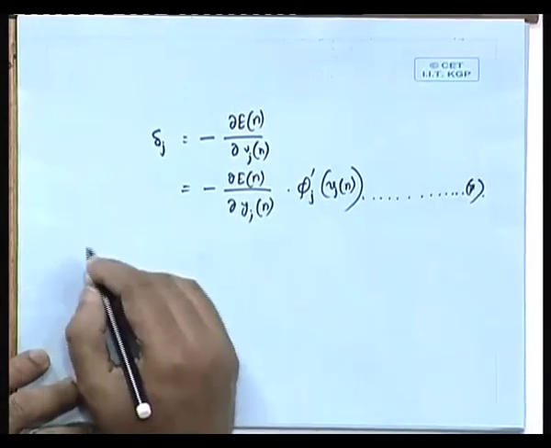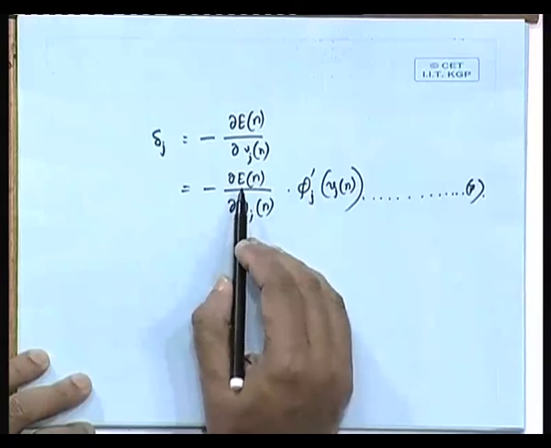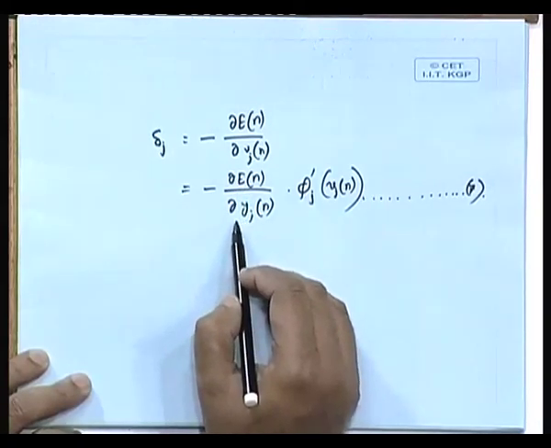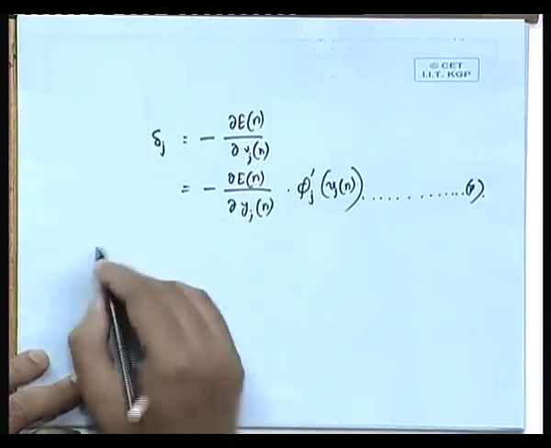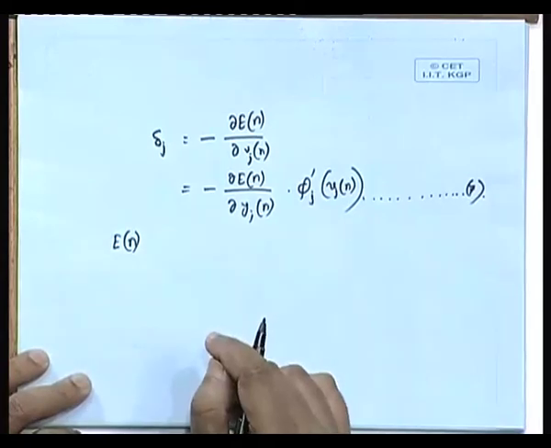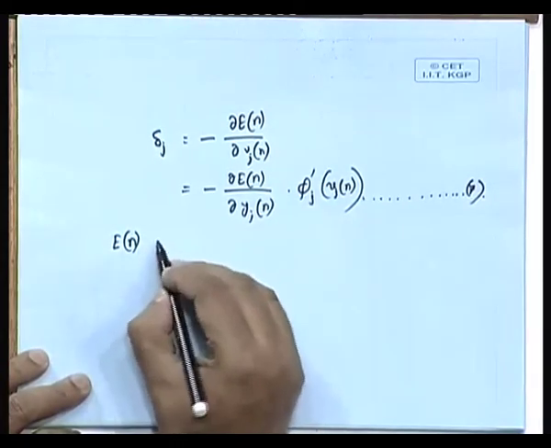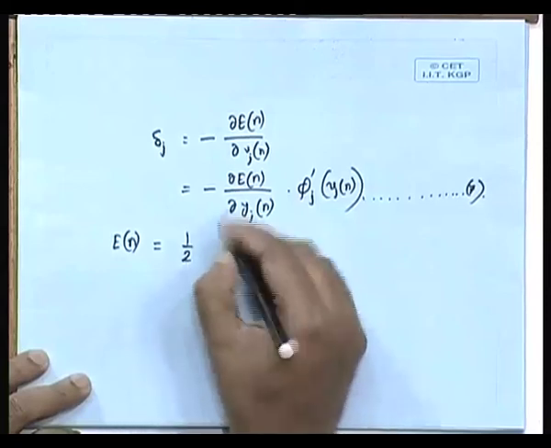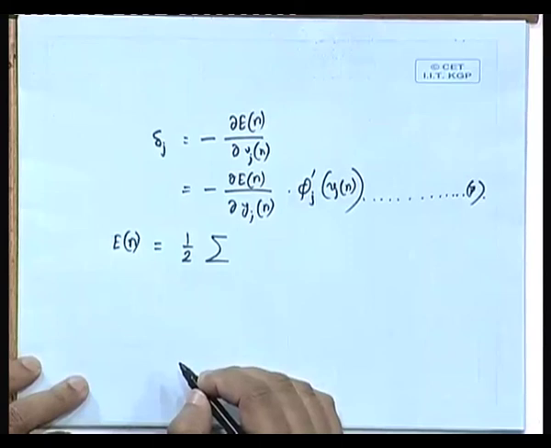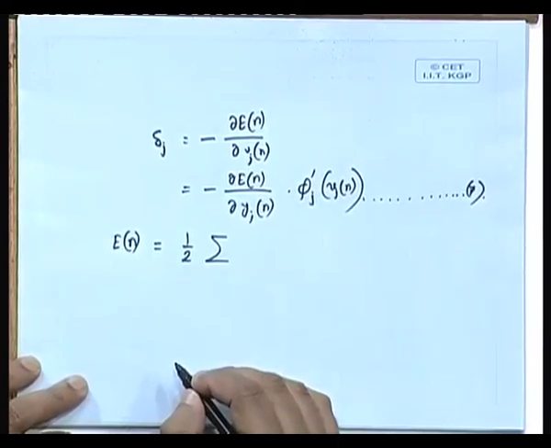Now we have to calculate dou En by dou Yj of n. Is it very easy? Let us see. Firstly, what is the En expression? Half of summation Ej square? Are you very sure about it? Some people are saying Ek square, some are saying Ej square.